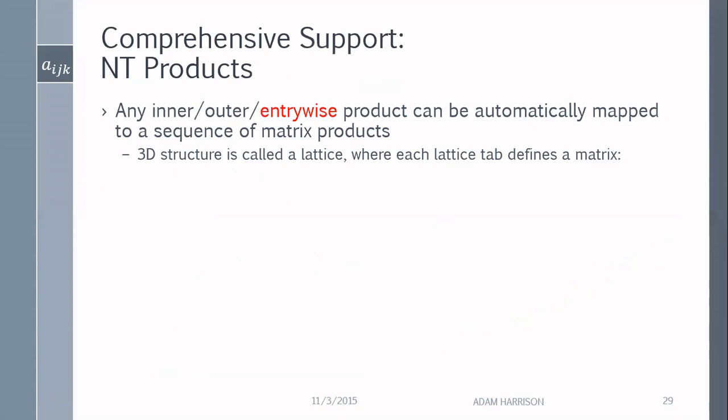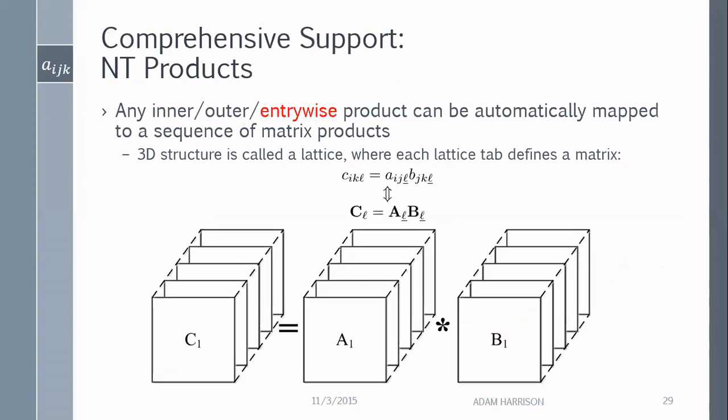We developed this 3D structure called the lattice. So we can map any tensor product to a sequence automatically. We can do this automatically and map the result back to a sequence of matrix products. So here in this case, this shows a scalar multiplication between 2 tensors A and B, each with 3 indices.